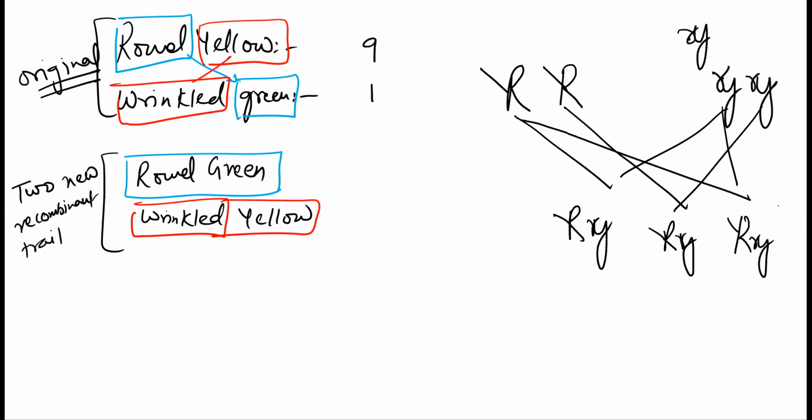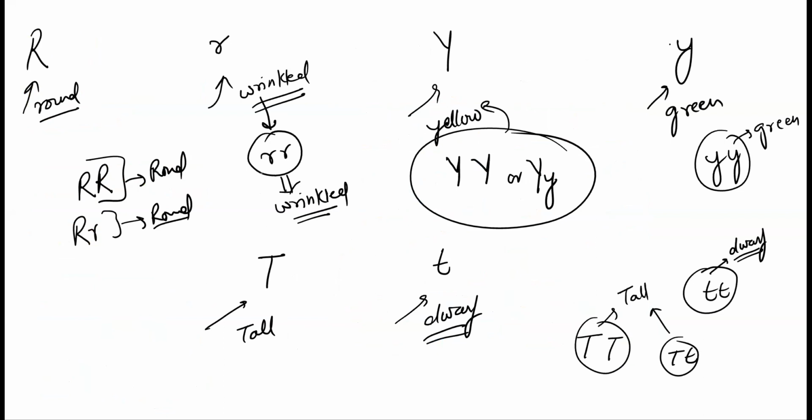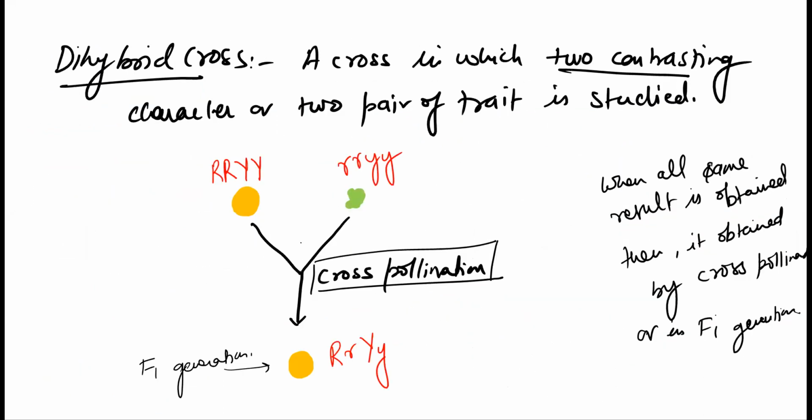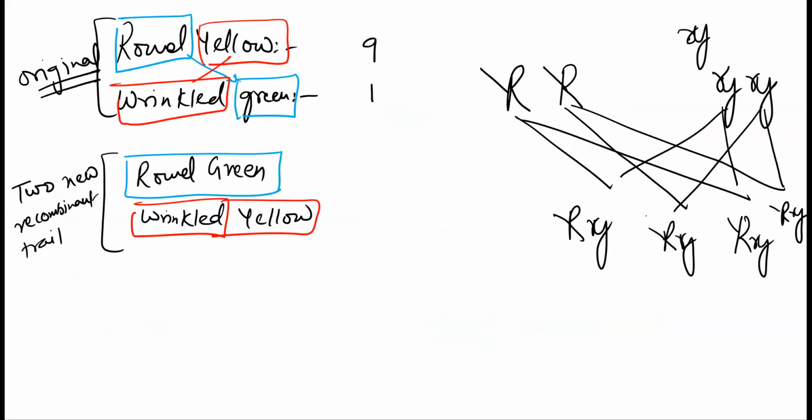So we are getting the same result that we get in the first generation. In F1 generation we are getting all round yellow. We are just assuming that there is a single gene that controls both round as well as yellow color. Got it?